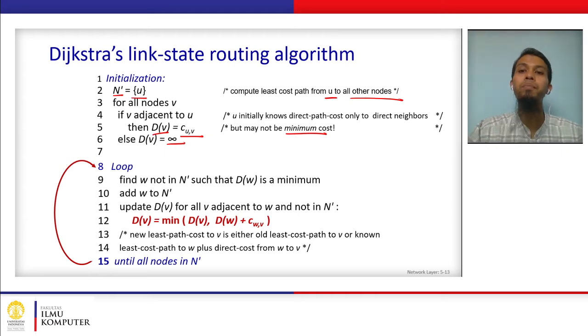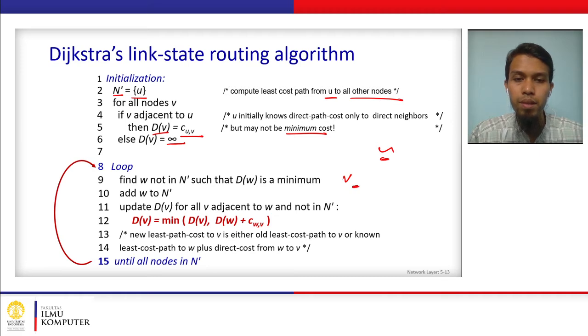Basically, before we only know the direct path. For example, we start from the initial node u, and we only know the direct path, and then we find another path going from u to v through w. So for example, this is u and then v, and it has a direct path, and then there is w here.